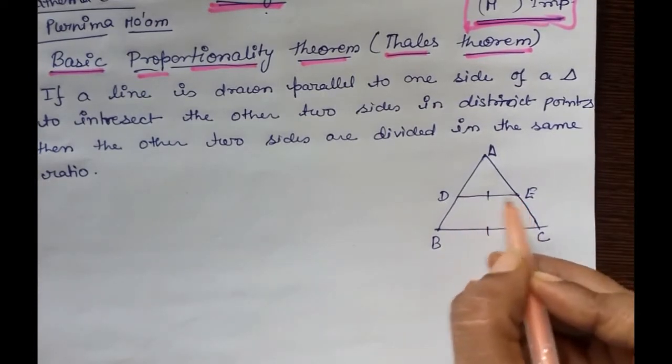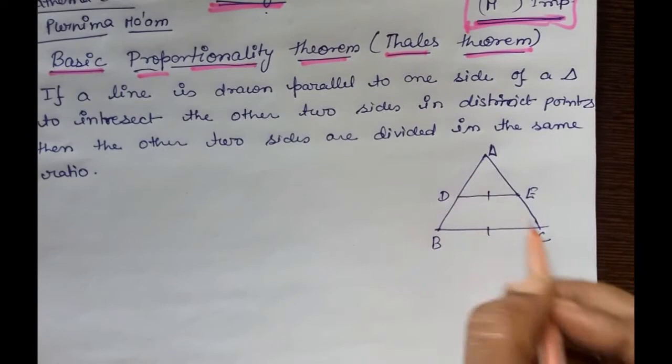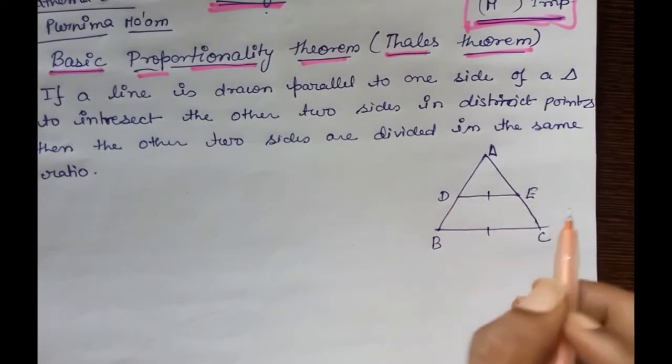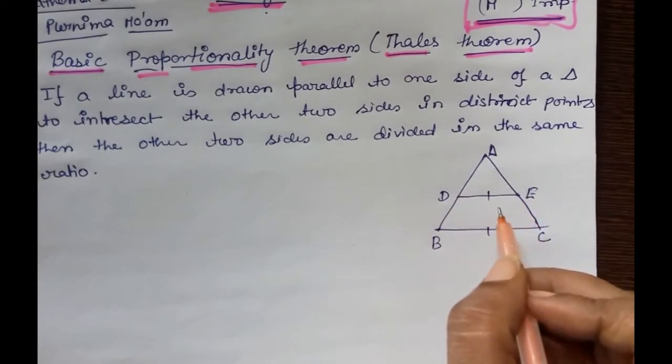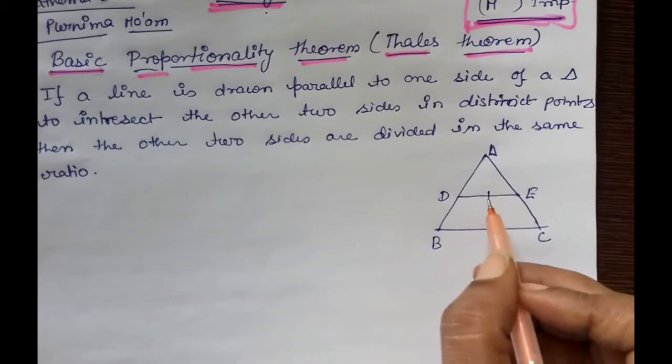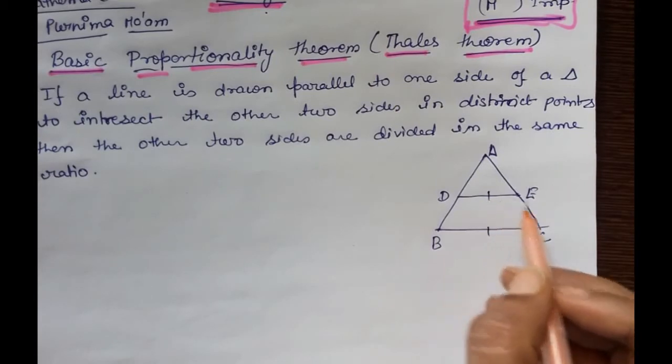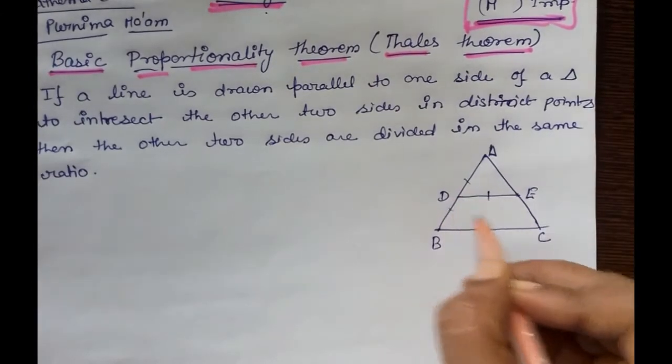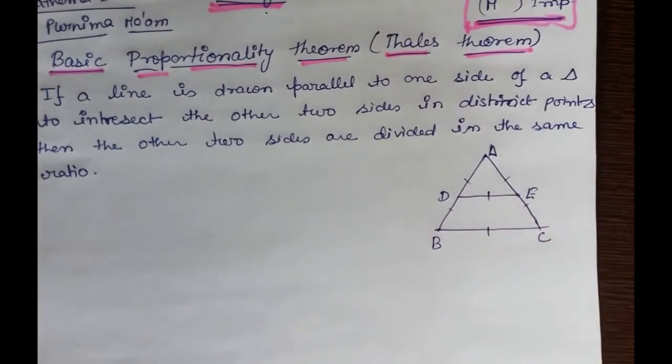This line DE intersects the other two sides AB and AC at D and E, distinct points. Then the other two sides are divided in the same ratio. It means this ratio is equal to this ratio.